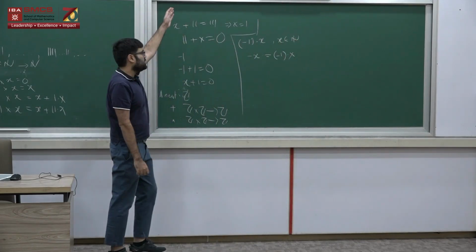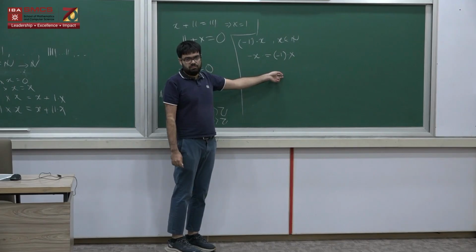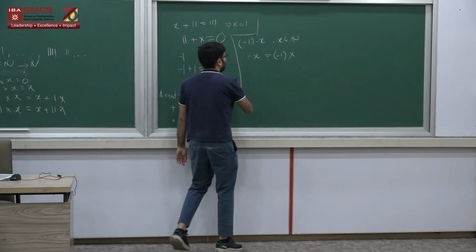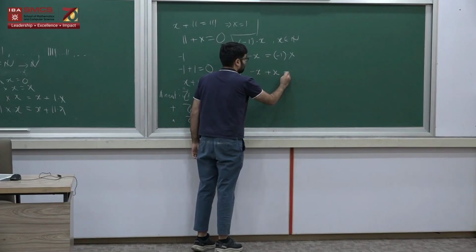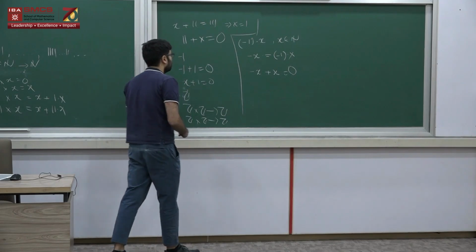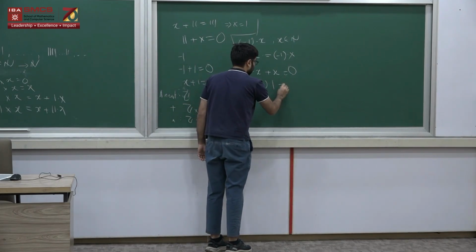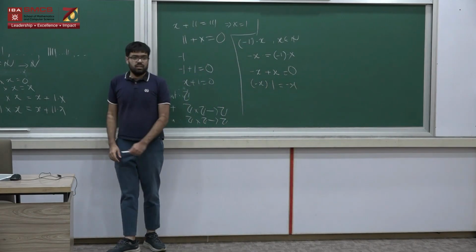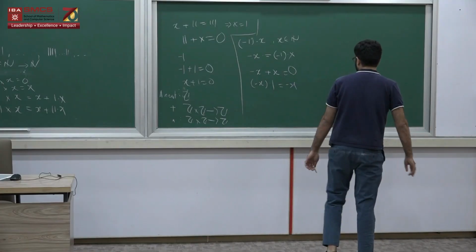And if I start imposing them, what I realize pretty quickly is that I don't really have any freedom. In the sense that, for example, x plus minus x has to be 0. Similarly, minus x times 1 has to be minus x, which I get from here, and so on.